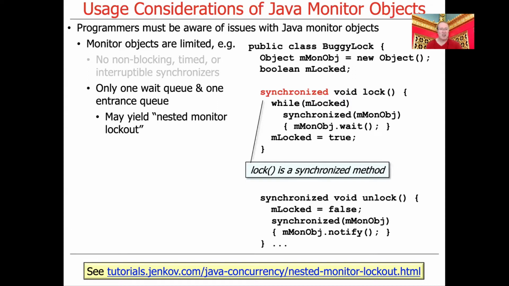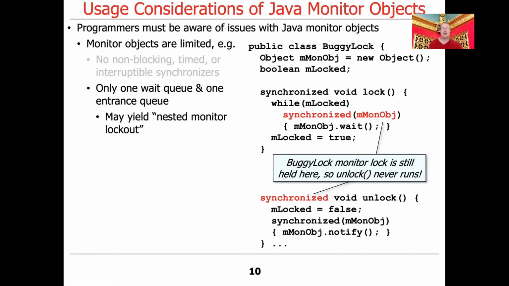We have a class here to illustrate this hazard, this quirk, called BuggyLock. And you can see how BuggyLock creates a new object, which we call monObj. And then it has a lock method that will be defined as synchronized. So that means that there's only one thread at a time that can be inside that critical section.